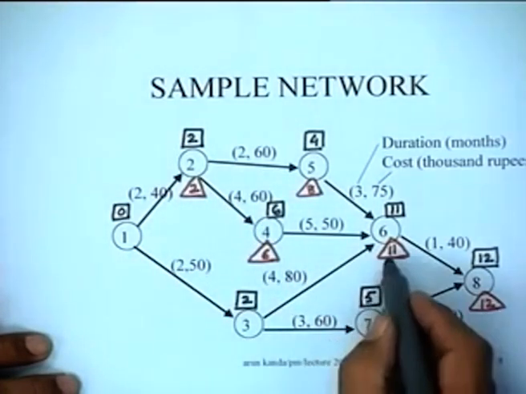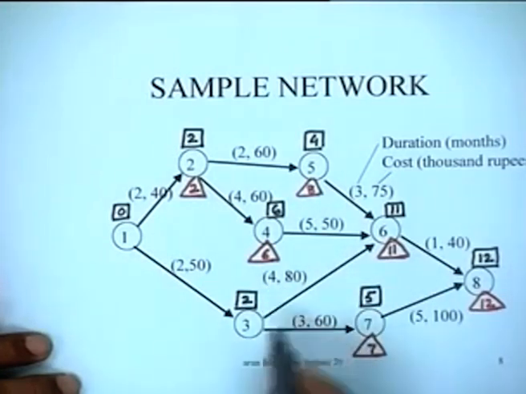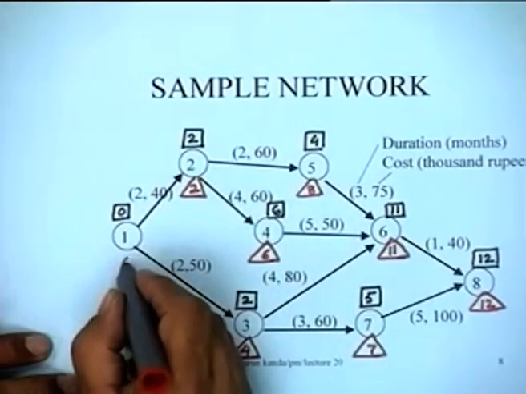Similarly here 11 minus 4 is 7, and 7 minus 3 is 4, so this value is going to be 4, and what you get from here is going to be simply 0.